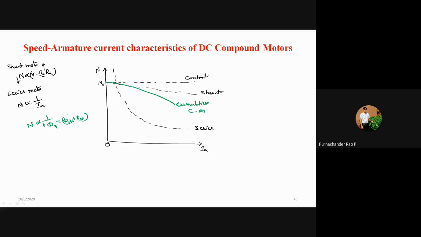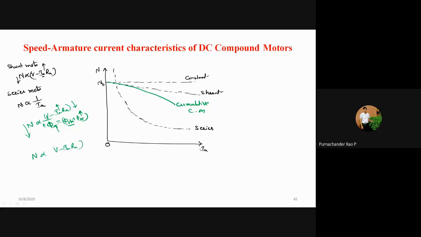As the current rises, phi se increases. If you maintain phi sh constant and phi se is increasing, the net flux increases, and there is also the V minus Ia Ra drop. As Ia increases, this drop increases, so the numerator decreases while the flux is increased, and therefore the speed always decreases. This is for the cumulatively compounded motor.